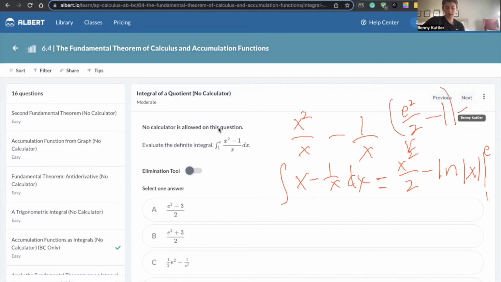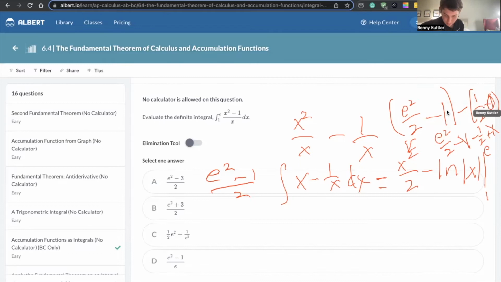So this minus f of 1, 1 squared is 1 over 2, 1 over 2, minus ln of 1, which is 0 because log base anything of 1 is 0 because something to the 0th power is just 1. So that minus 1 minus 0. Sorry about that. Erase that.